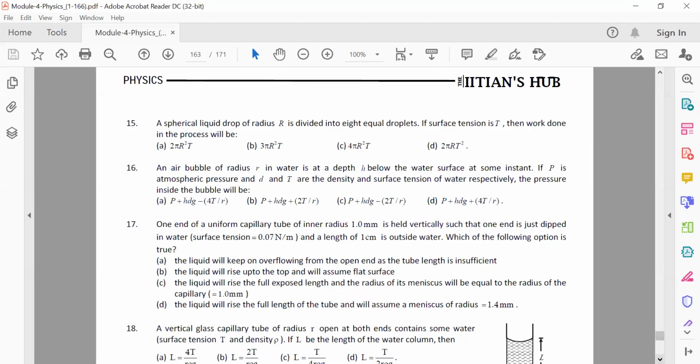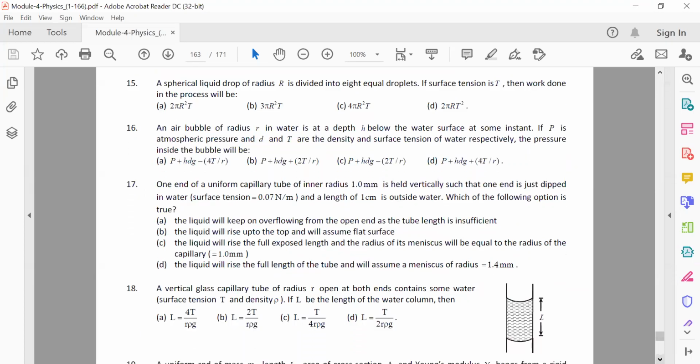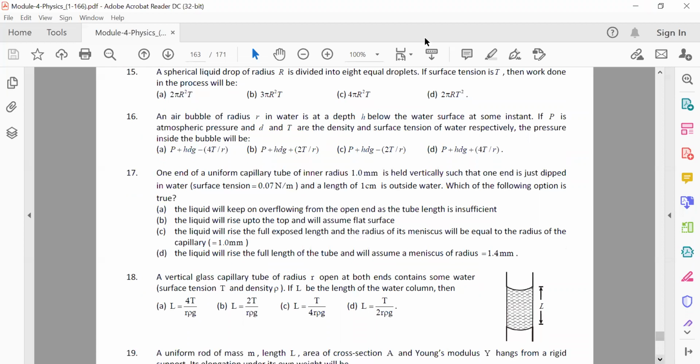Yeah, this is a very nice question. Again, this will be done with that concept of pressure difference. Okay. So Dhruv, this is the question you are referring to, right? Yes. Okay.